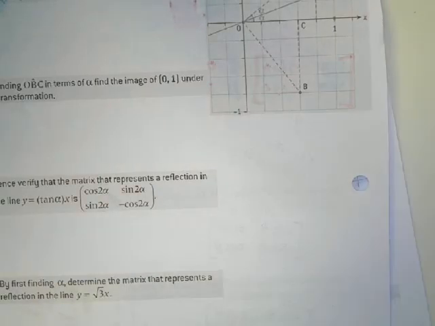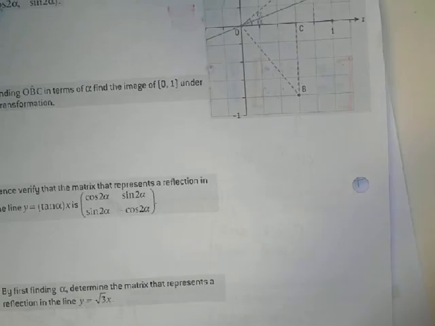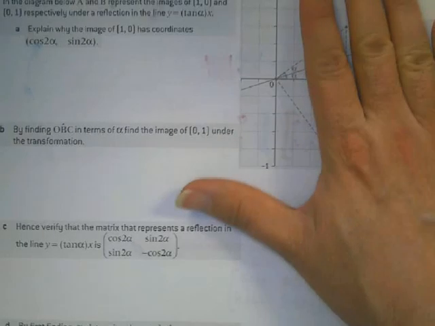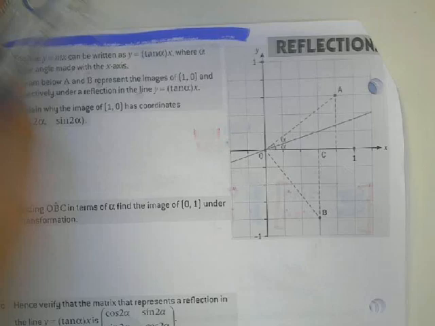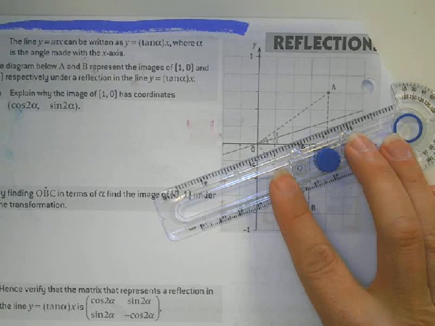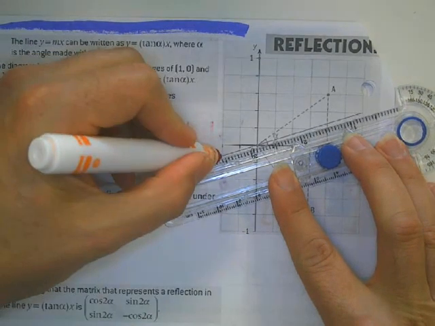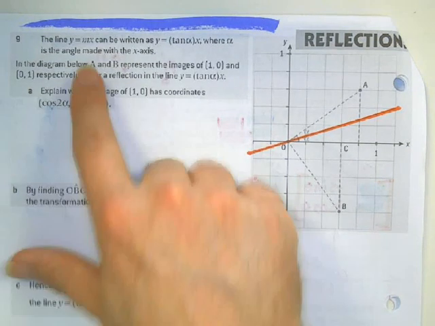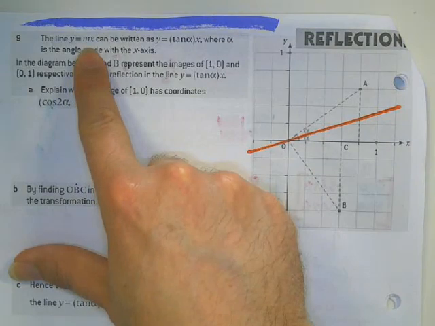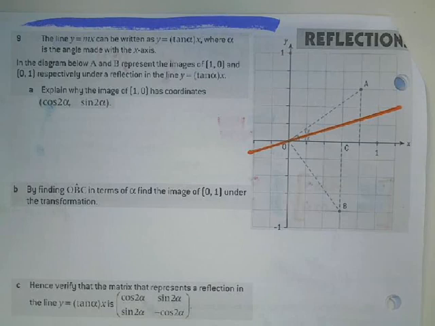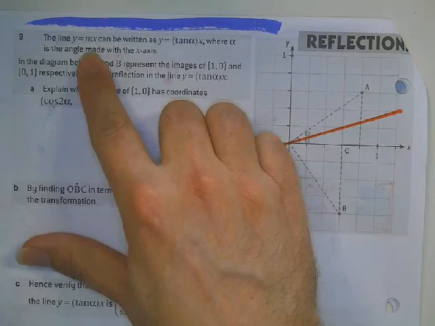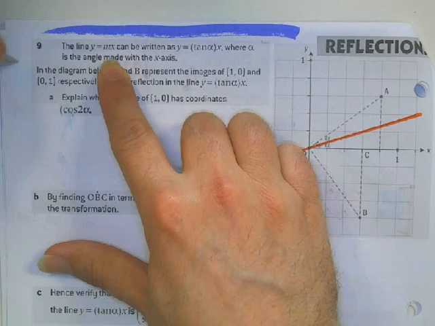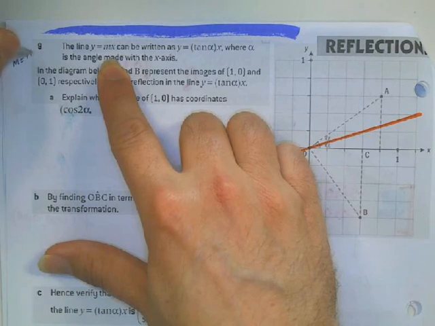Let's talk about reflection. Okay, so what we're going to do now is we're going to reflect on this line right here. Okay, and this is the line y equals mx, and slope, as you know, slope equals rise over run, right?